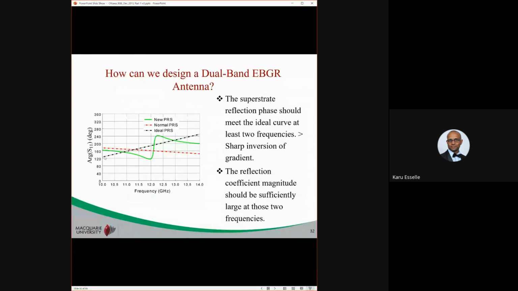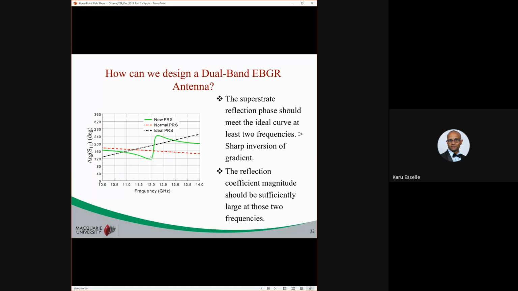Because it radiates when the phase curve meets this ideal condition. This is the ideal condition, the black curve. A normal PRS has phase like this, so it's not going to work in two bands. But this green one intersects the ideal line at two frequencies. It intersects here, it intersects here.